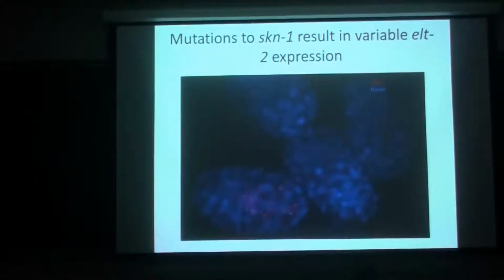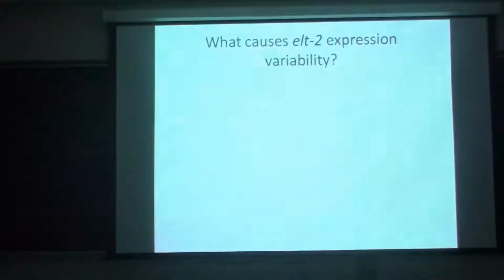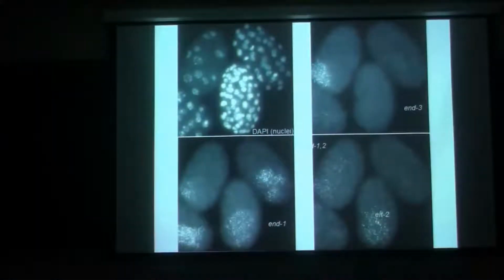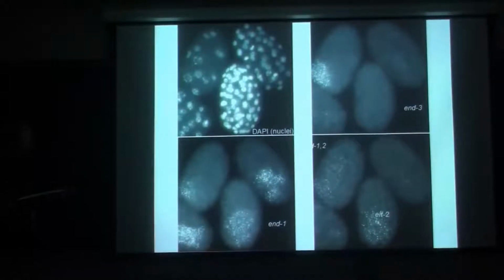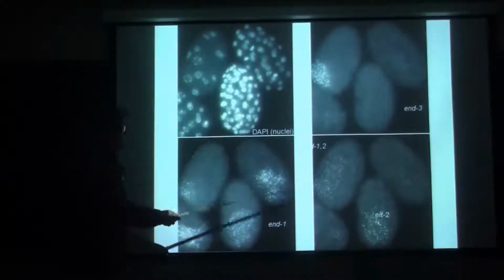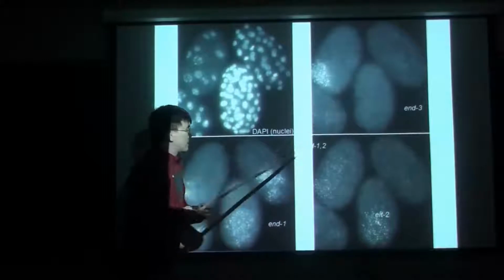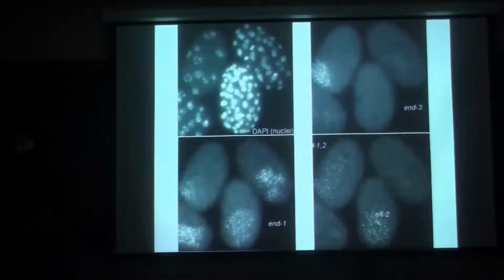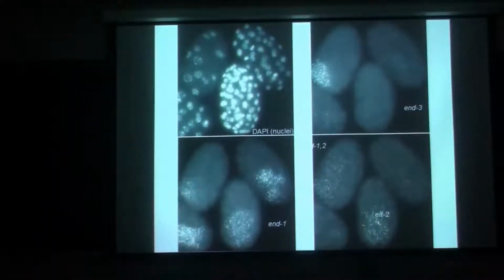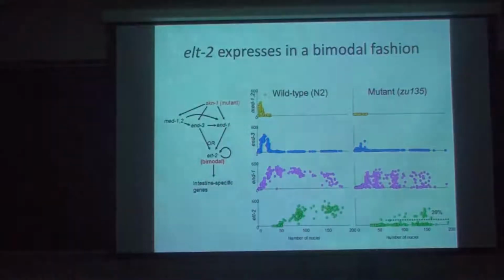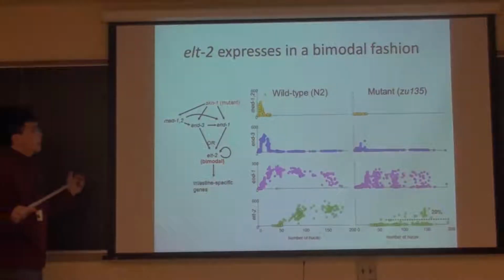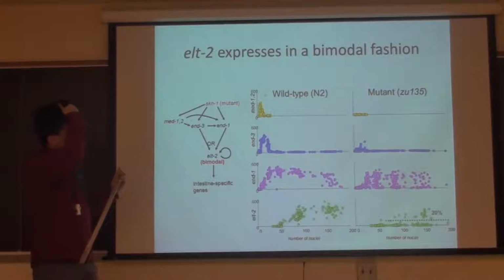So then, what they can do is multicolor imaging to look at the nucleus and also to look at many different genes at the same time. Then you can start to plot correlation between different properties.